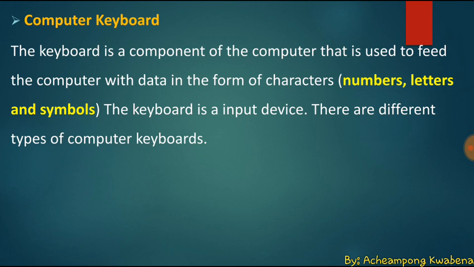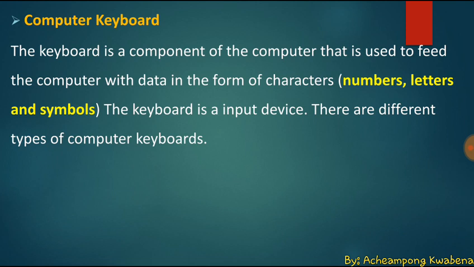When we say data, we are referring to the raw facts being fed into the computer. So this can be in the form of numbers, letters, and symbols. Those are the three things that we see on computer keys: either a number, a letter, or a symbol.